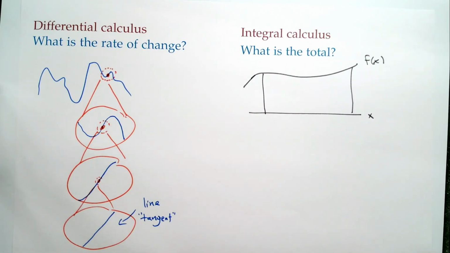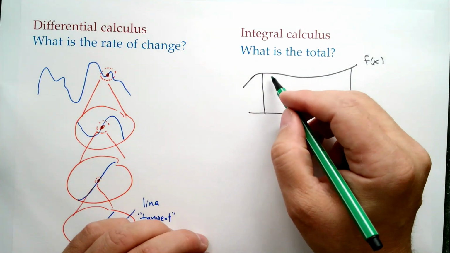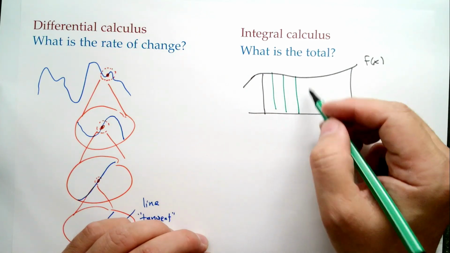If I want to find the change, or rather, excuse me, I want to find the total, I can think of it in terms of area. The thing I know how to find area for is rectangles, because it's a flat thing. So what's the idea? The idea is let's make this into a bunch of skinny strips.